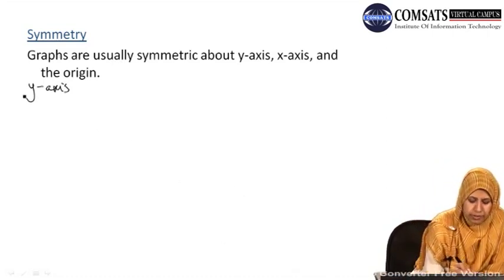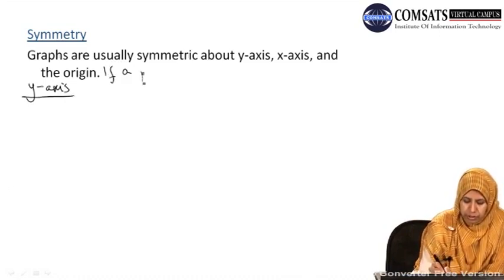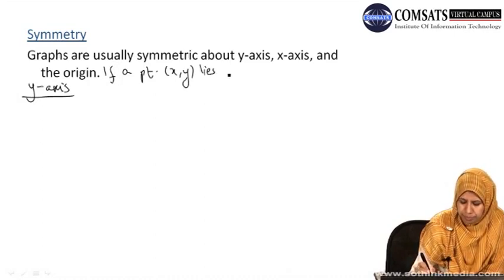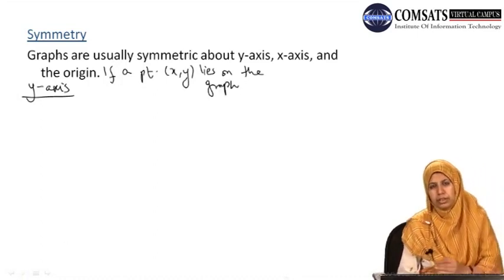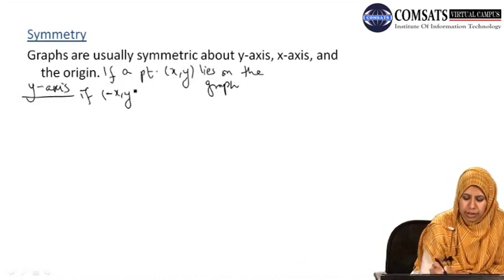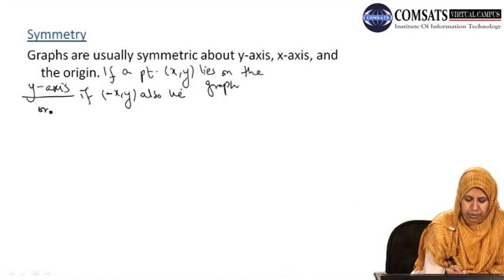About the y-axis, we say that if a point (x, y) lies on the graph, then the graph will be symmetric about the y-axis if the point (-x, y) also lies on the graph.